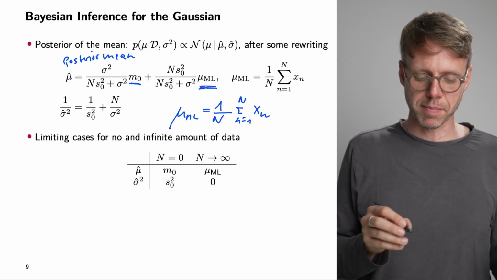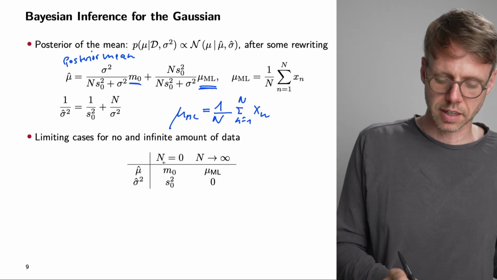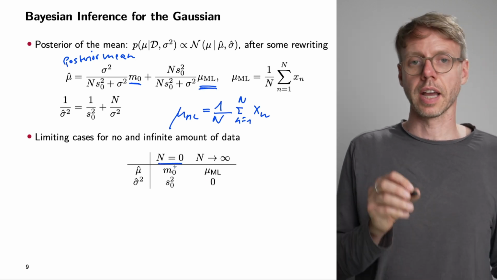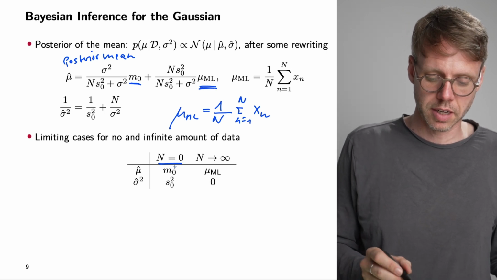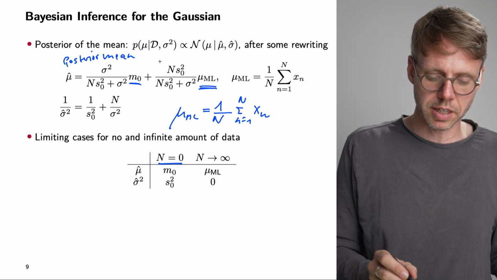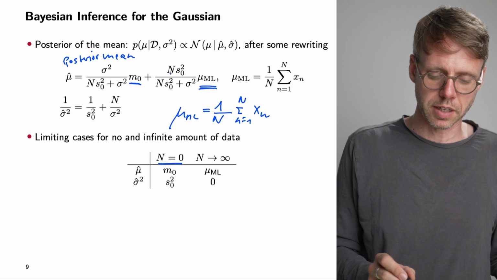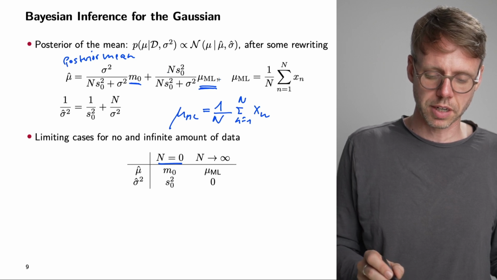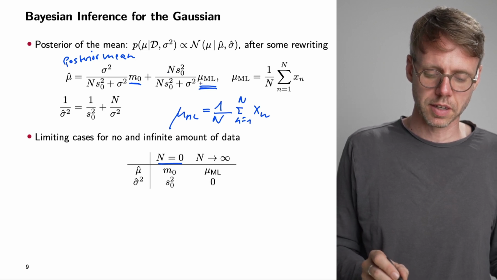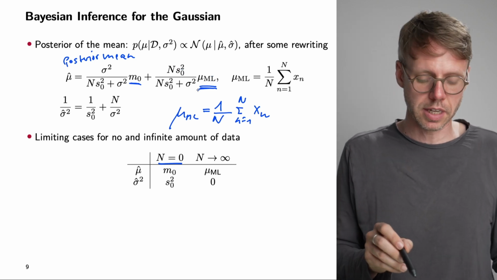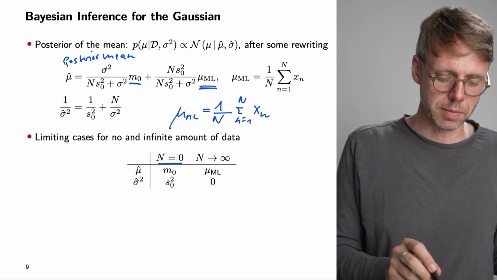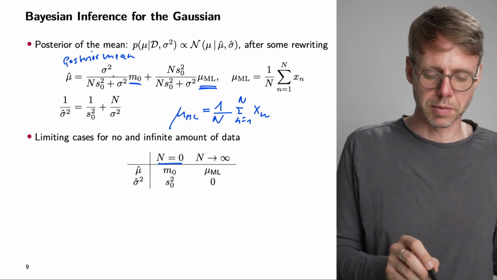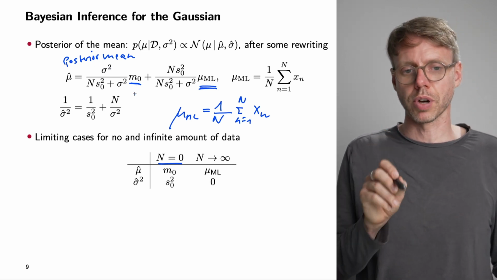then we can look at some limiting cases. So if we don't have any data points, n equals 0, then in that case, the second part here becomes 0 because we get 0 on top here, so 0 times the maximum likelihood estimate, and we get sigma squared divided by sigma squared equals 1 times the prior mean.